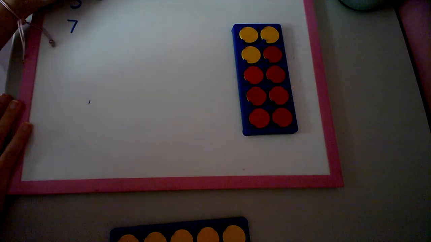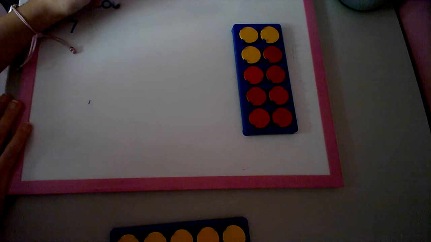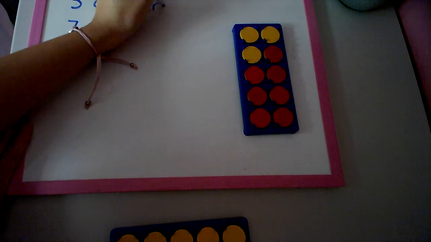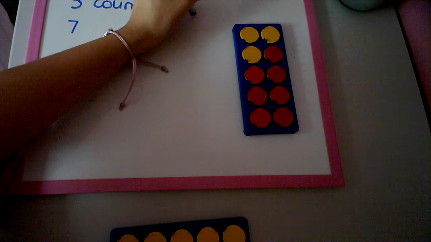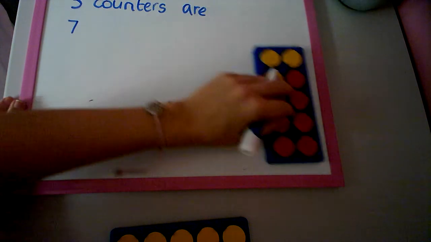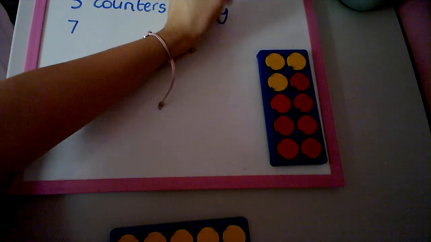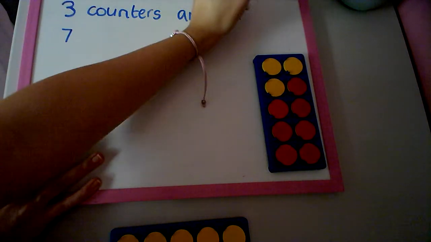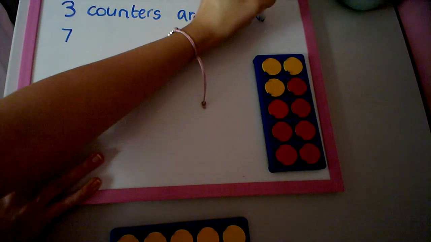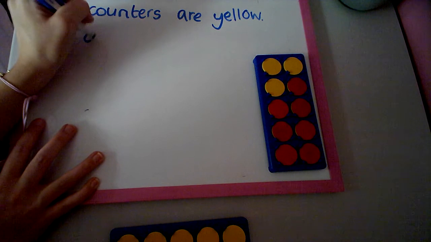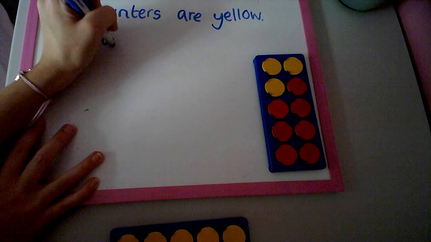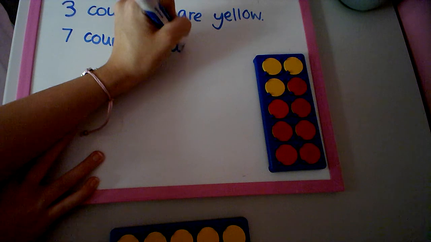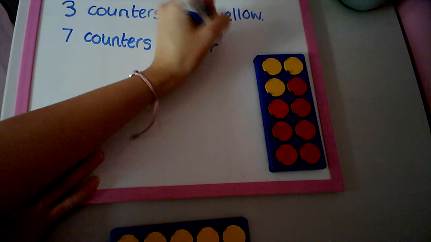So we have 3 counters that are yellow, and 7 counters are red.